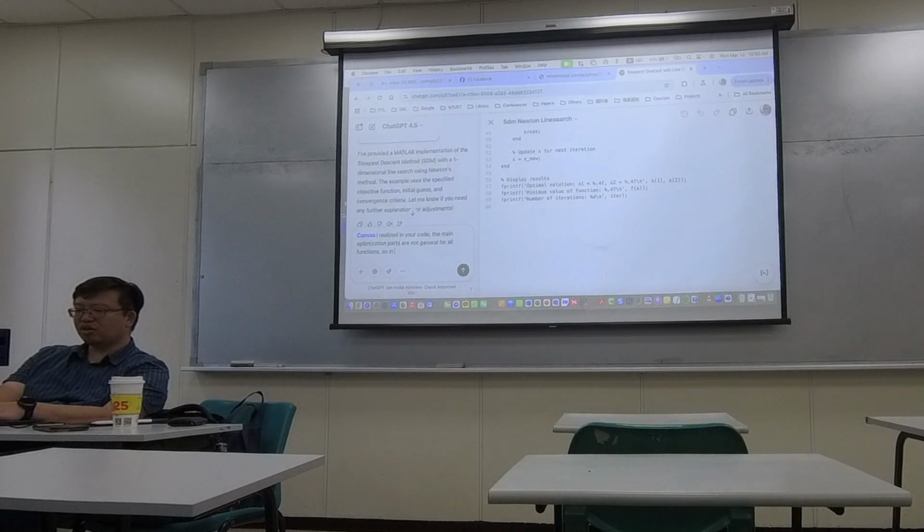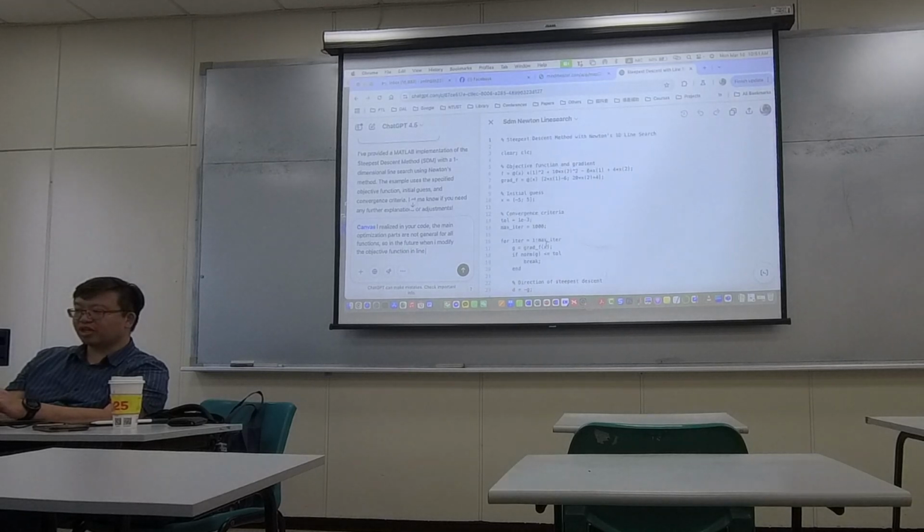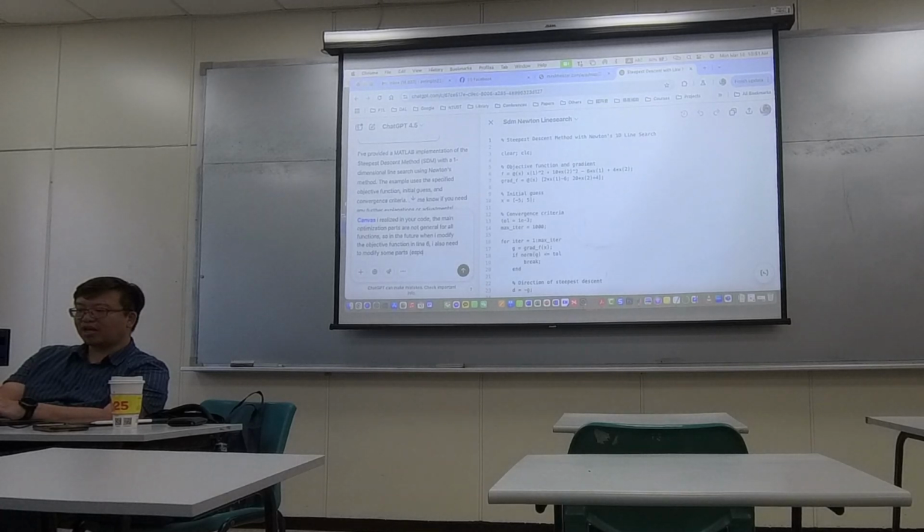So in the future, when I modify the objective function in line, let me see which line. In line 6, I also need to modify some parts, especially the derivative parts underneath line 6.